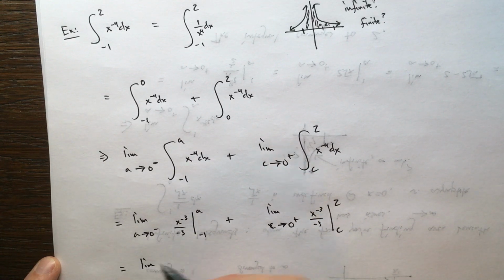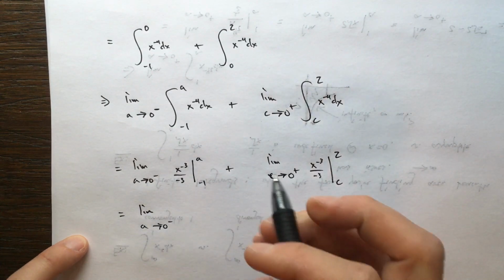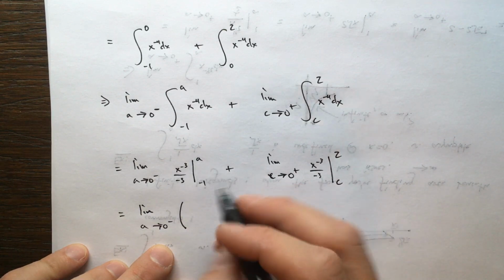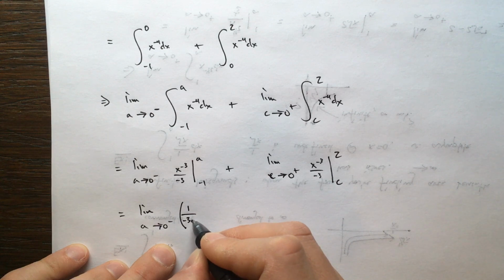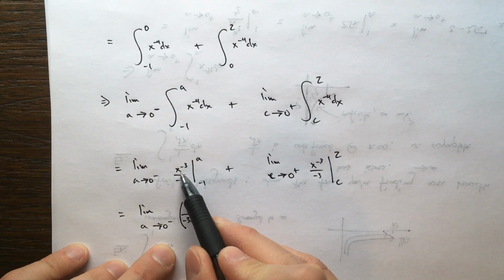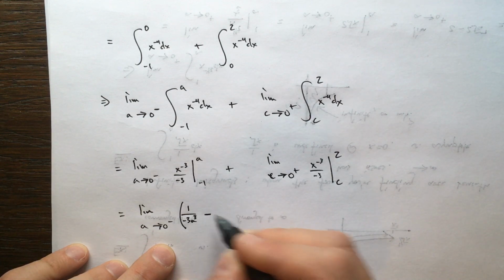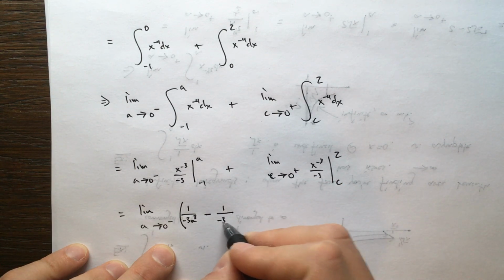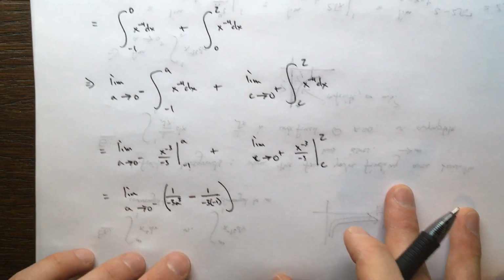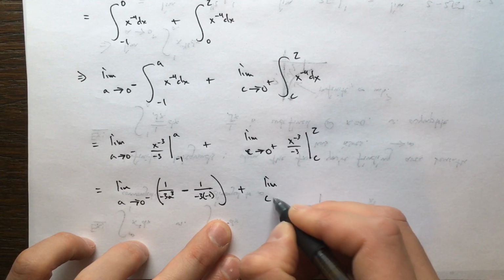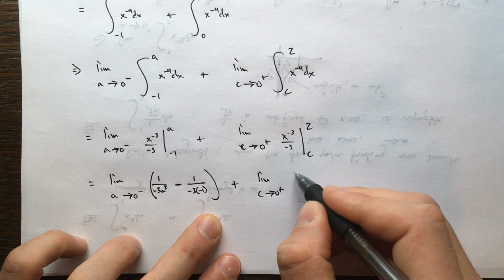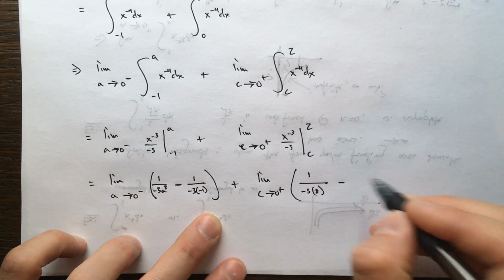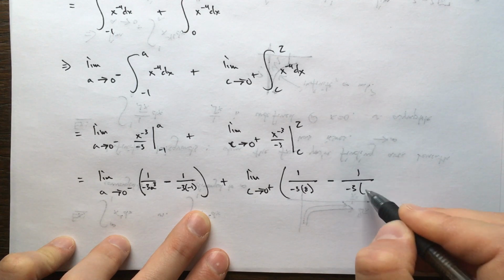That should be the limit as a approaches 0 from the left of 1 over -3a cubed, right, because a to the -3 is 1 over a cubed, minus 1 over -3 times -1, plus now the limit as c approaches 0 from the right, plugging in 2, I get 1 over -3 times 2 cubed, which is 8, minus 1 over -3 times c cubed.